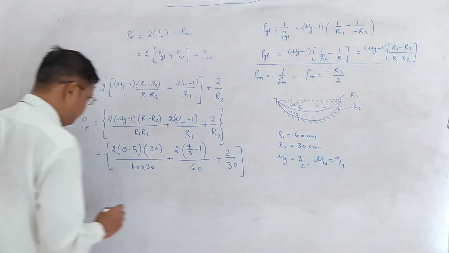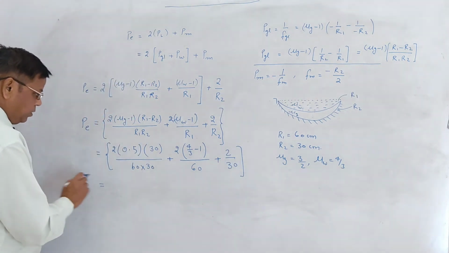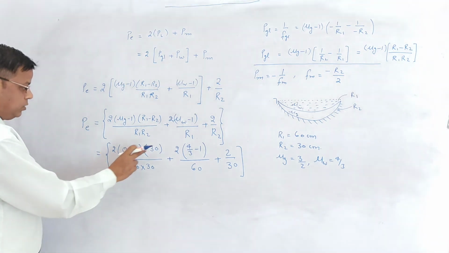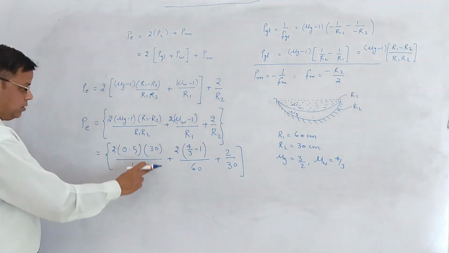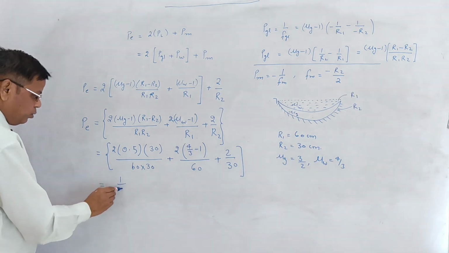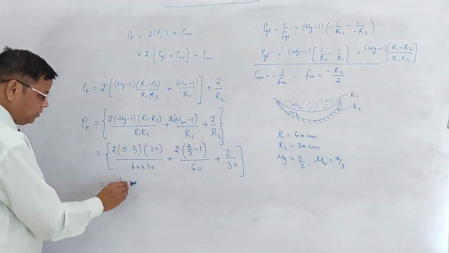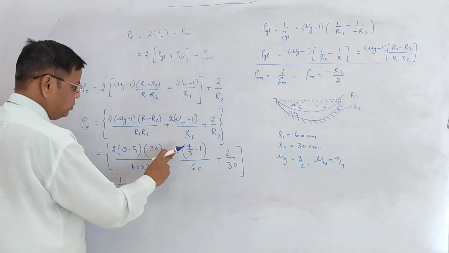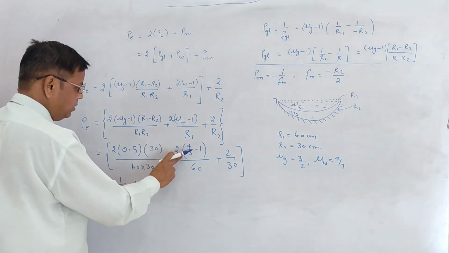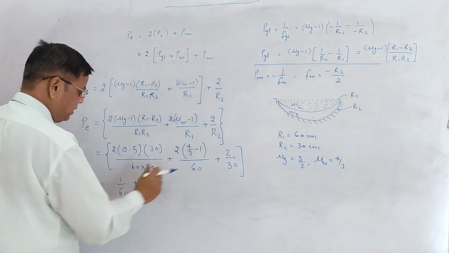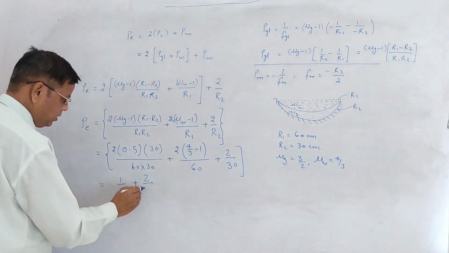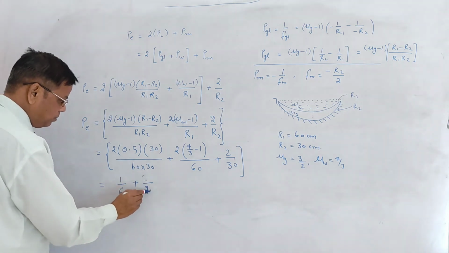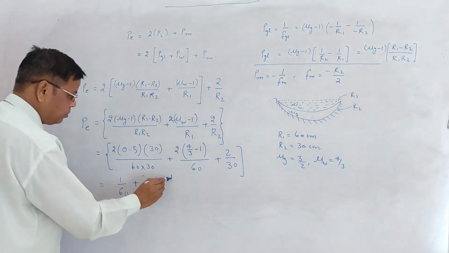This we have to solve. These two multiply to get 1, so it is 30 upon 1800, 30 cancels, so what is left? 1 upon 60 plus here it is 1 by 3, so 2 by 3, so 2 by 180, so 1 by 90. So it is 1 by 60 plus 1 by 90.